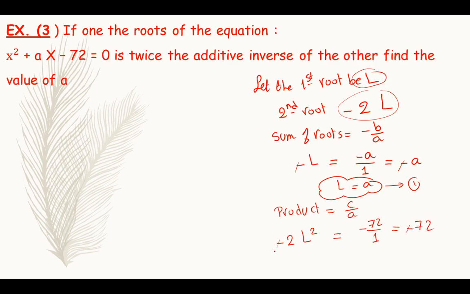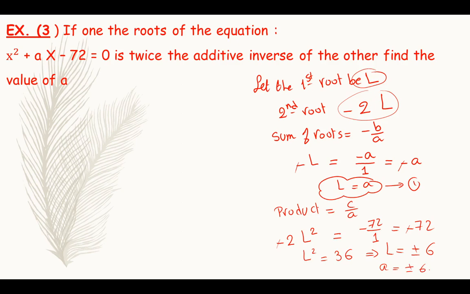Negative will cancel negative. Divided by 2, so L power of 2 equals 36. So L equals positive or negative 6, the square root of 36. Since L equals a, a will also equal positive or negative 6.